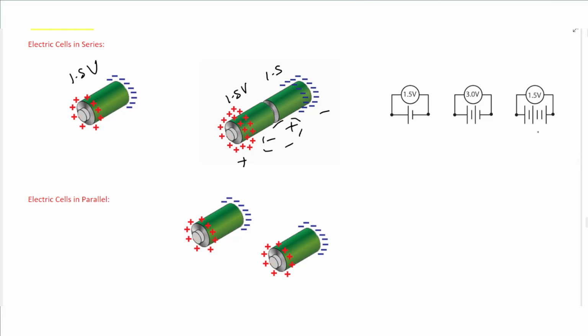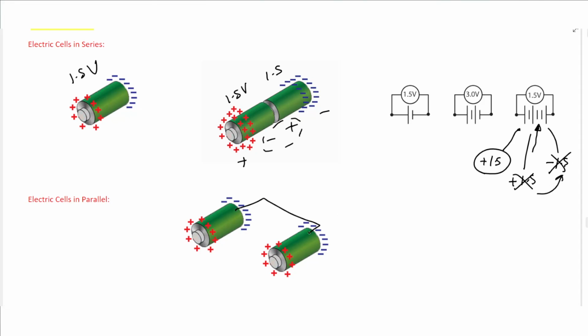But if you connect one of the terminals in the wrong position, for example, negative facing negative or positive facing positive, the voltage will actually decrease. So the first one will increase the voltage by 1.5, the second one will increase the voltage by 1.5, and the last one will decrease the voltage by 1.5. So you lost this voltage by adding one battery in reverse. So the voltage will be only 1.5 in this case.